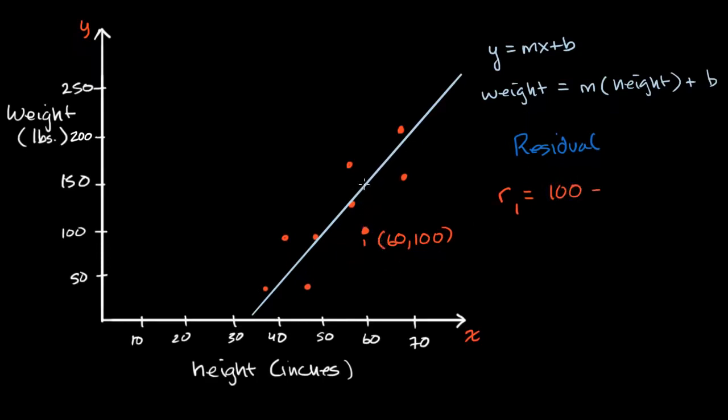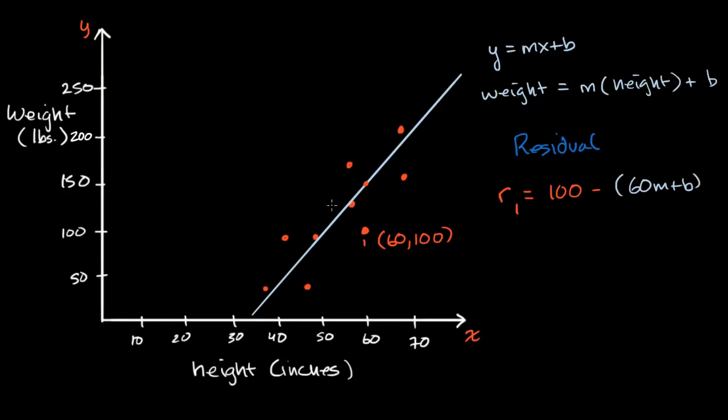And so what would be predicted is right over here. I could just substitute 60 into this equation, so it would be m times 60 plus b. So I could write it as 60m plus b. Once again, I would just take this 60 and put it into my model here and say, well, what weight would that have predicted?